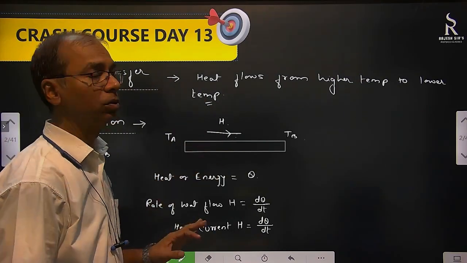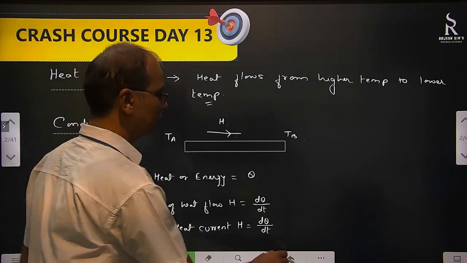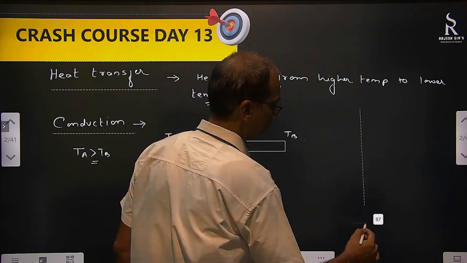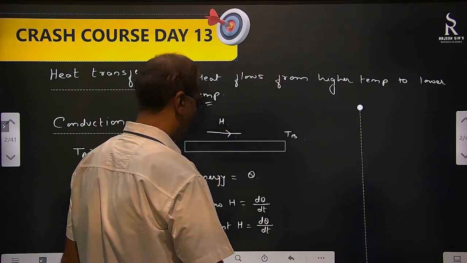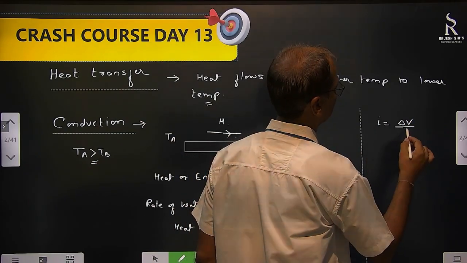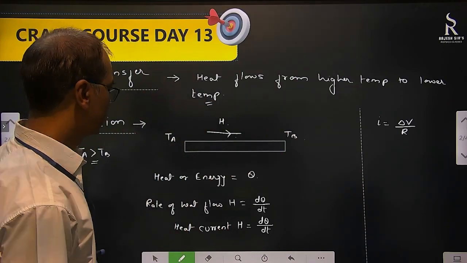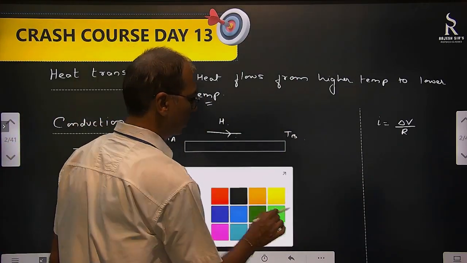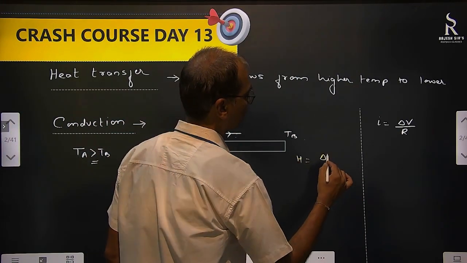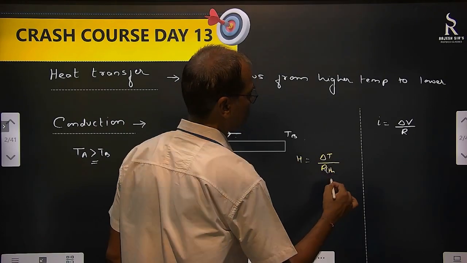It's very similar to electric current. How? Because in electric current, according to Ohm's law, we say I equal to delta V by R, and R is resistance. Same way here also, we say H is equal to delta T by R, and R is thermal resistance.